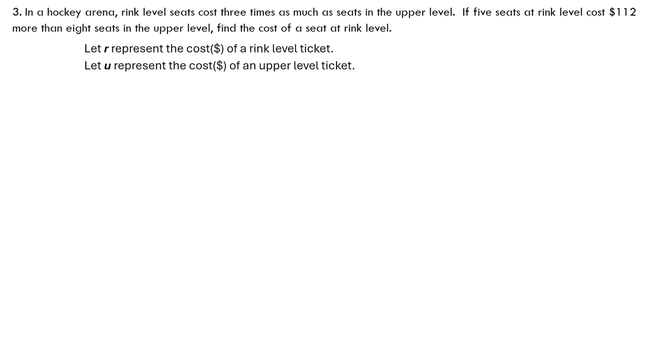R representing the cost of a rink level ticket, and U representing the cost of an upper level ticket. Now, the rink level seats cost 3 times as much as seats in the upper level. We can say 3U equals R to represent this fact.